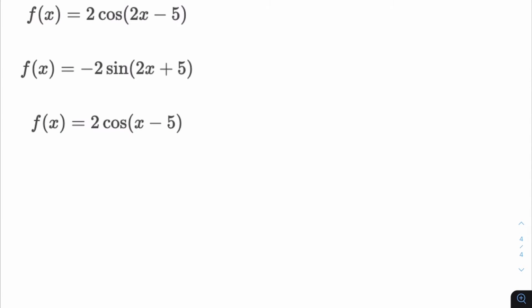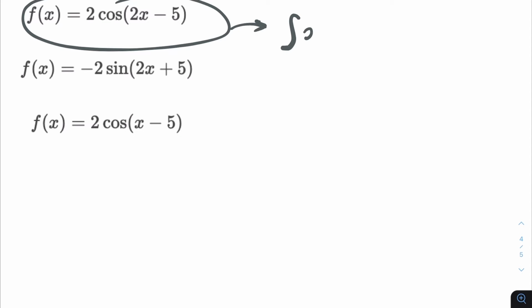Okay, so let's move on to the second set of problems. The question asks us to integrate each of the following functions. So let's start with this one. The function we have to integrate is 2 cos(2x minus 5) dx.